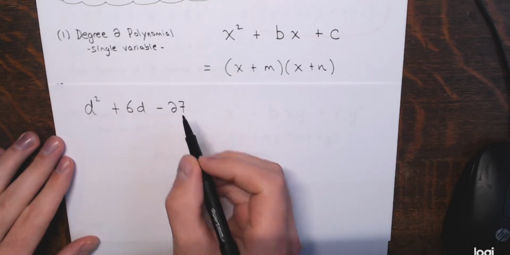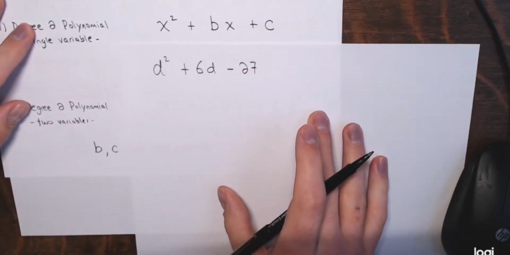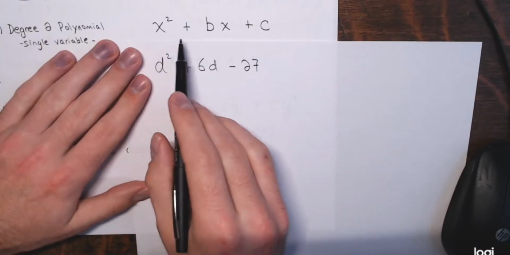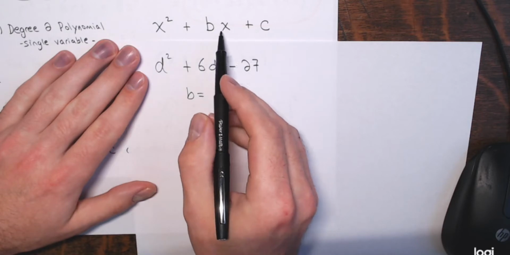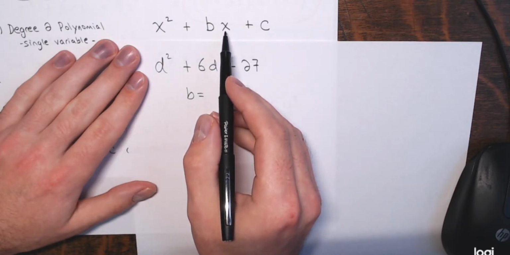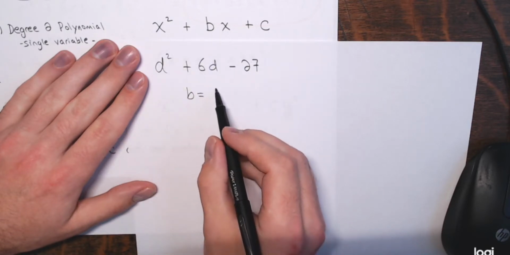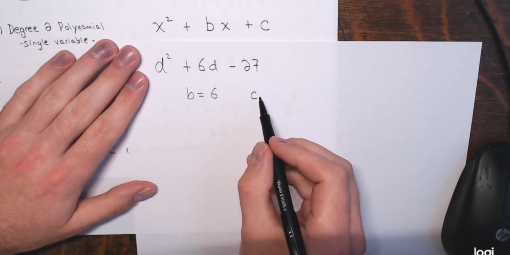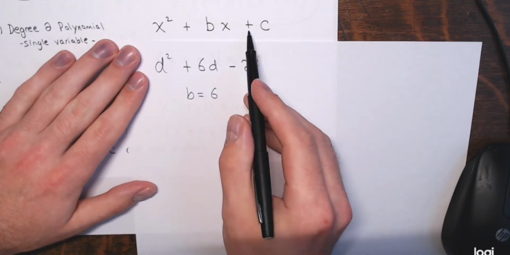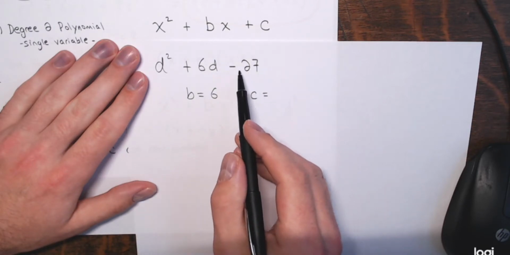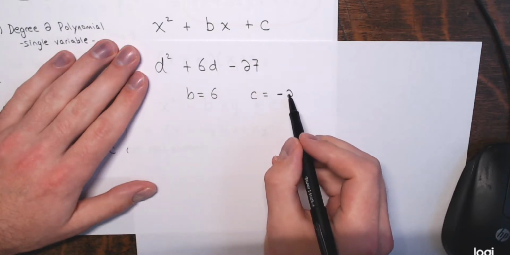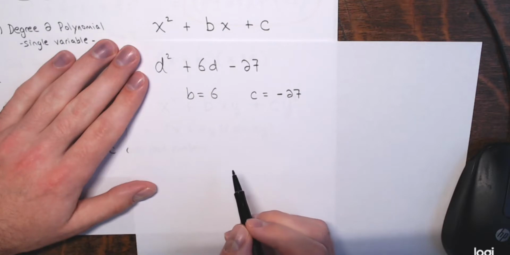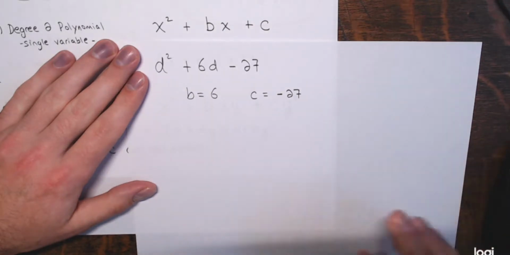Right? This is in this form, x squared plus bx plus c, where b is the coefficient of the first powered term, positive 6, and the value of c is the constant term, right? Minus 27 is really plus negative 27, so don't forget the negative signs with your values here. All right, so c is negative 27.